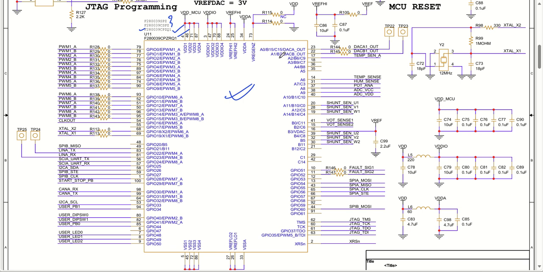Then we have analog pins on the right side here, and we have JTAG programming pins here and the reset pin. All right. So this is how the pin arrangement has been done. Since this is a 100 pin device, I have just made a single IC to incorporate all the pins in a single package. All right.